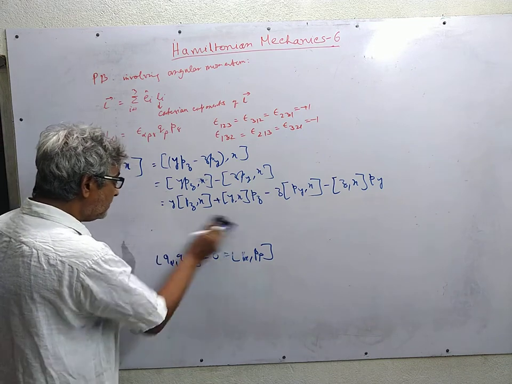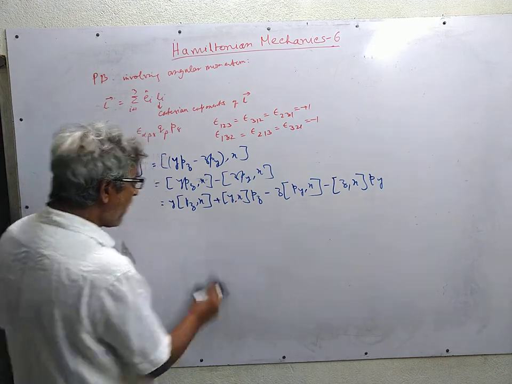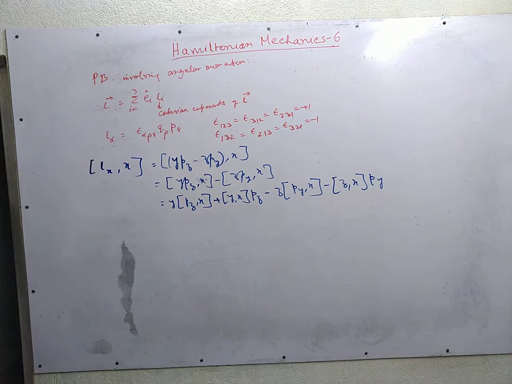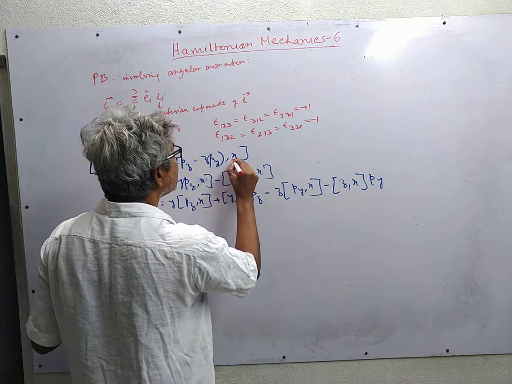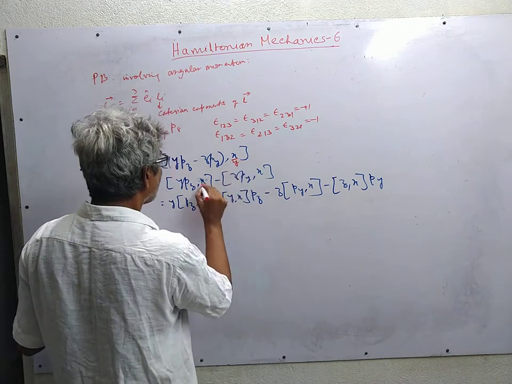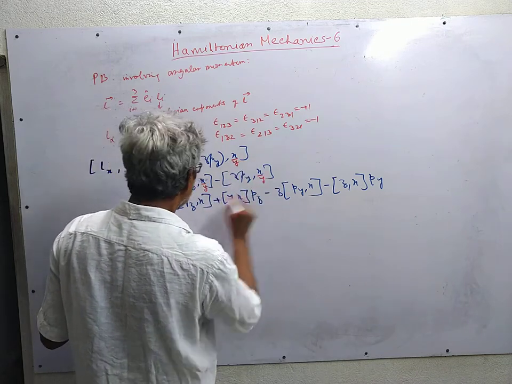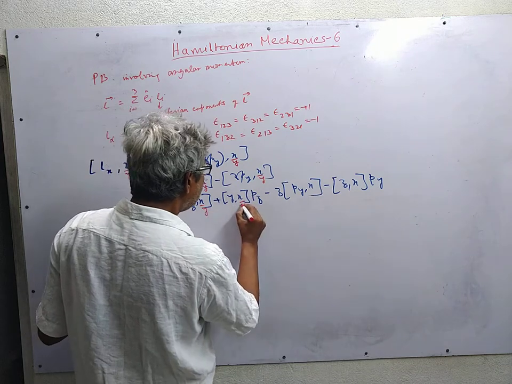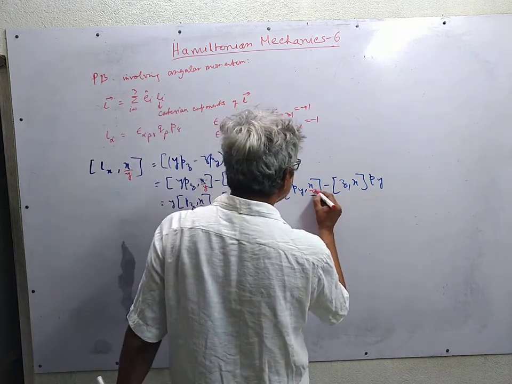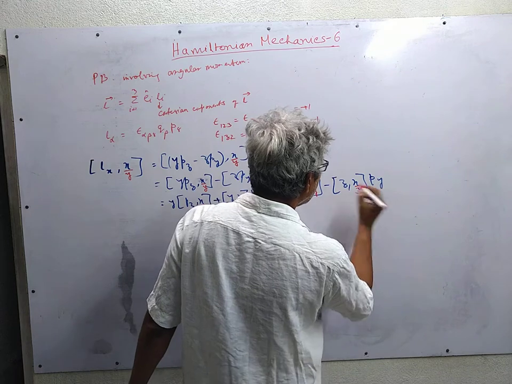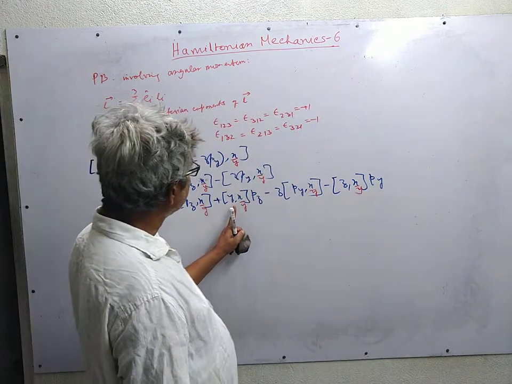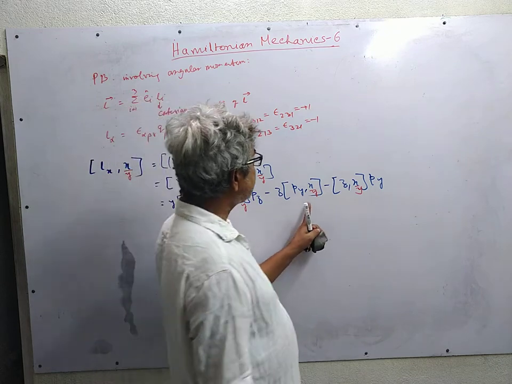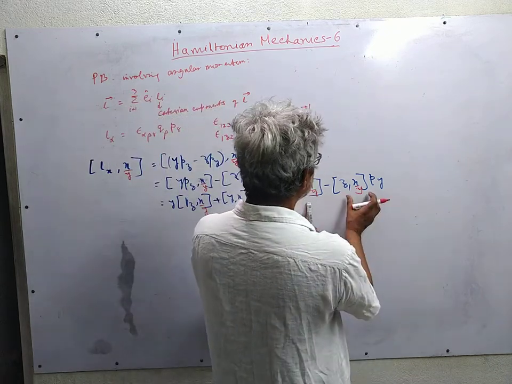If we now change this x by y, these will be the changes, and you see that this is again 0, this is 0, this is non-zero, this is 0.